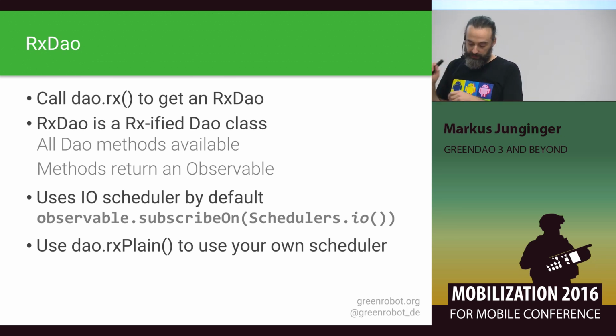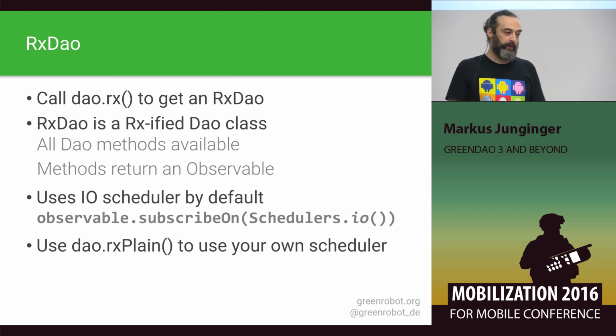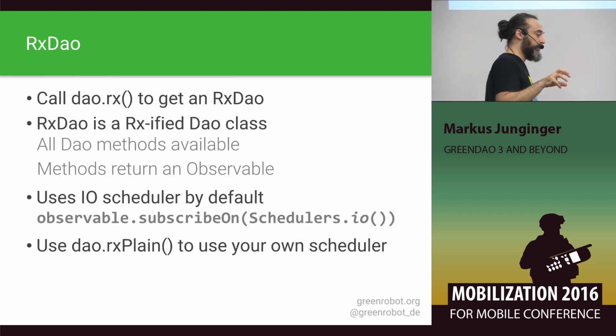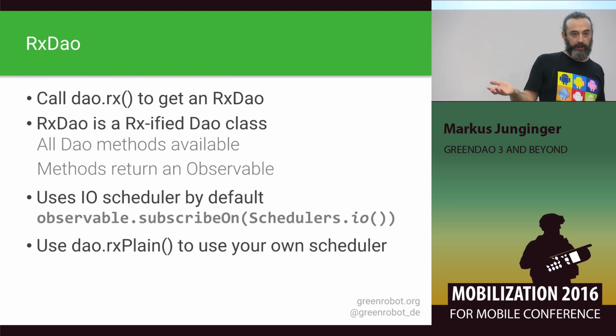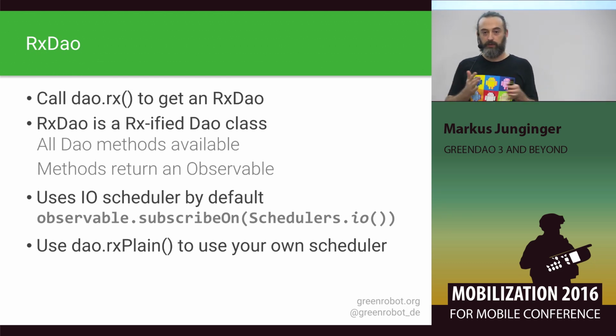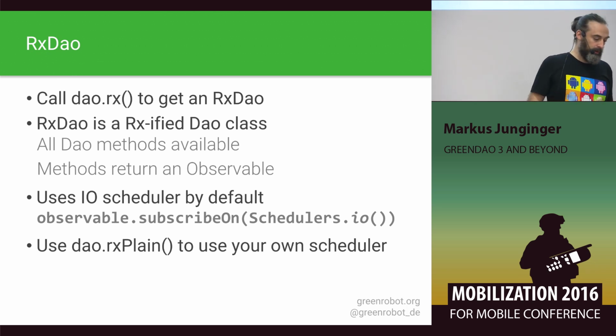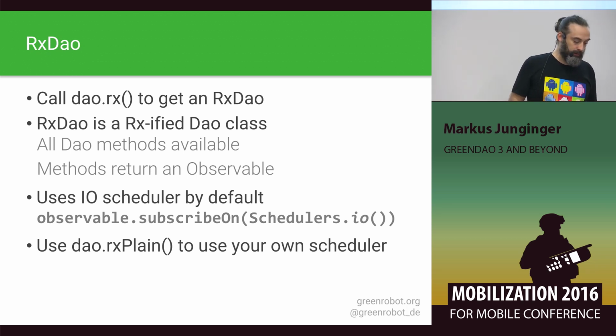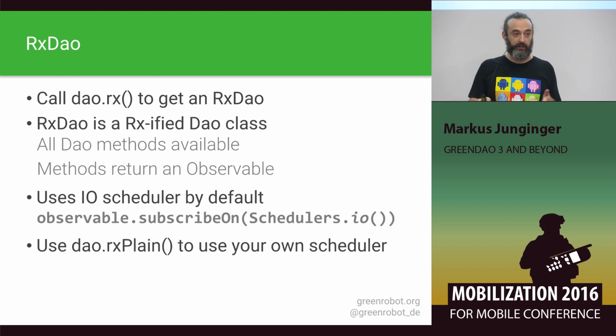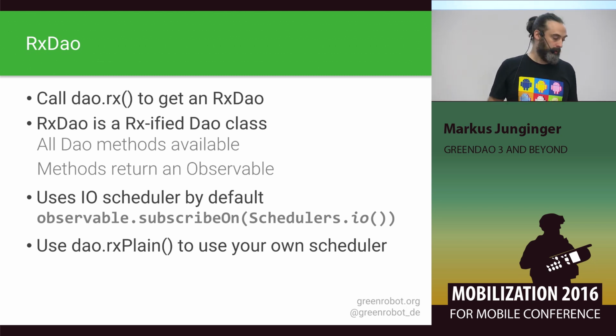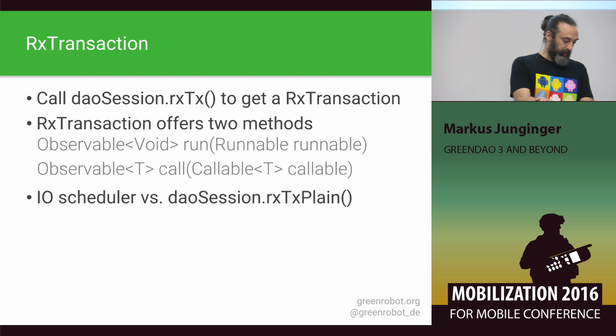By default, it is already wired to the I/O scheduler, because database, that's basically I/O, right? So you don't have to set the threading here. If you don't like that, you can use Rx plain instead of Rx. So it's just some convenience.